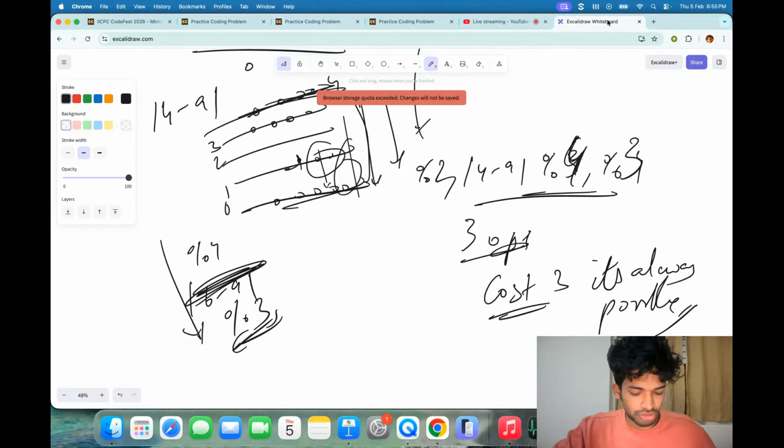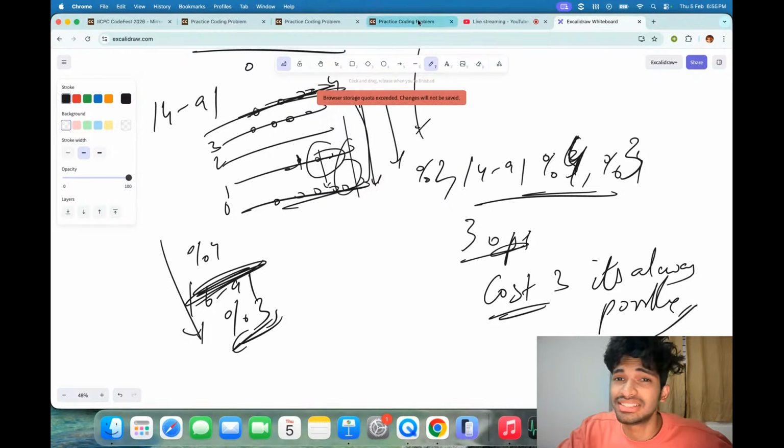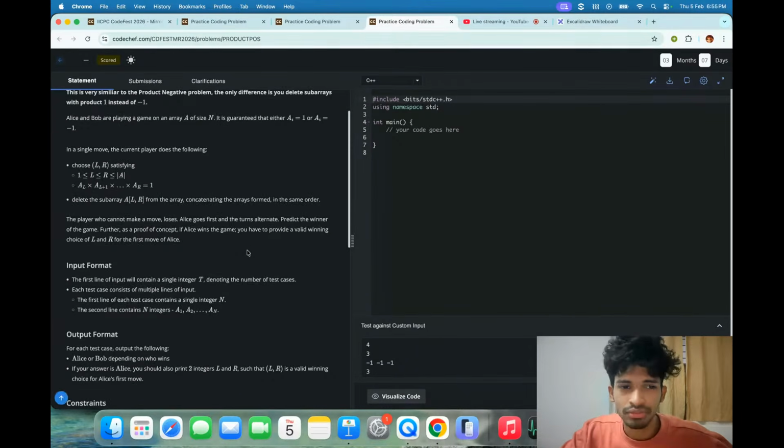We have too many problems to solve. We have to think about this quick. When can you do with less than 3 operations? When can you do?